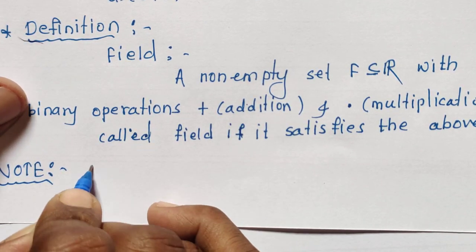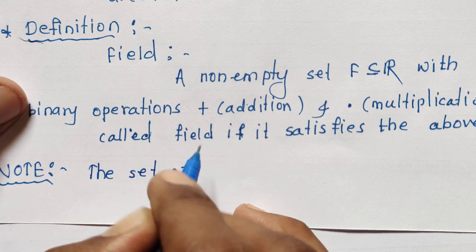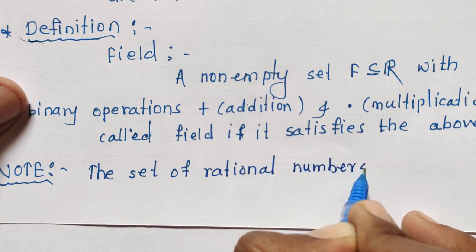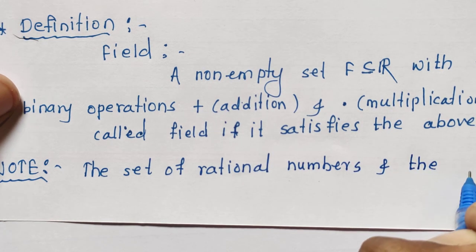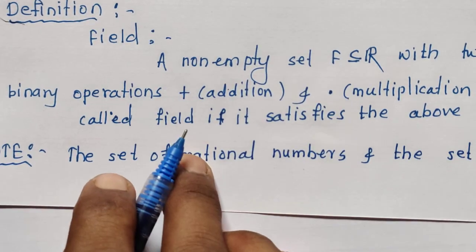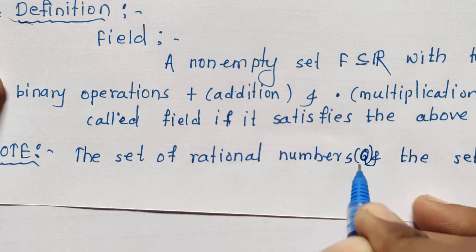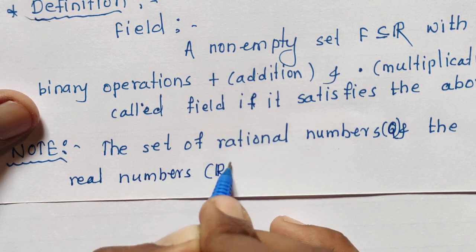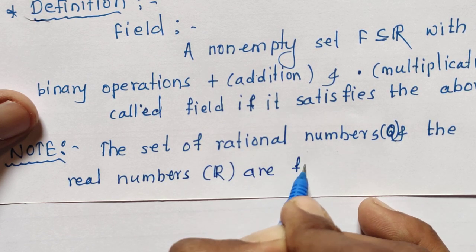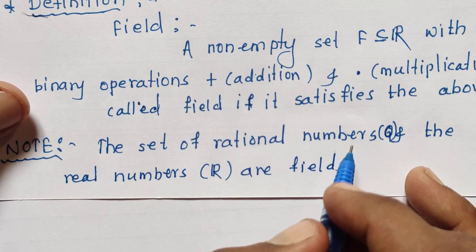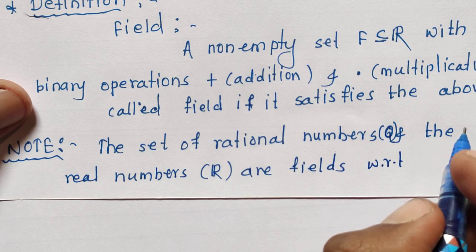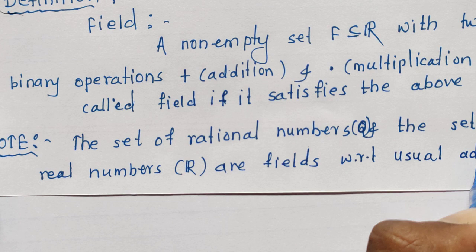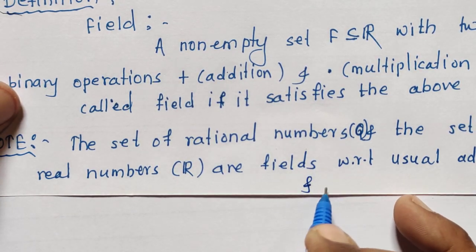So we will write one note here. The set of rational numbers, notation Q, and the set of real numbers, notation R, are fields with respect to usual addition and usual multiplication.